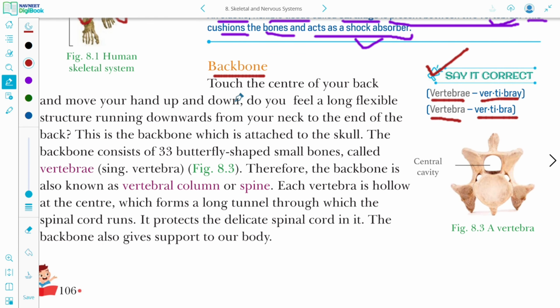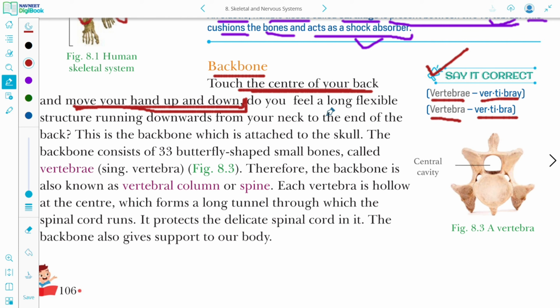Okay. Touch the center of your back and move your head up and down. So you can do it. Okay, बच्चे, I am giving you 1 minute. Do it fast. You have to touch the center of your back and move your hand up and down. What do you feel?